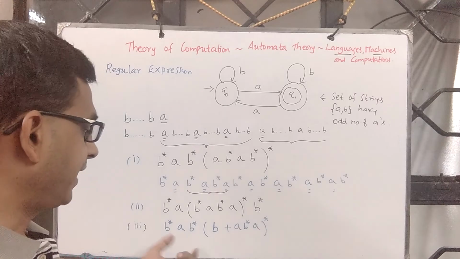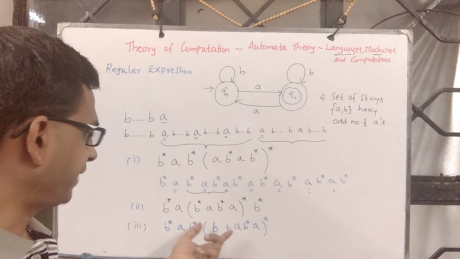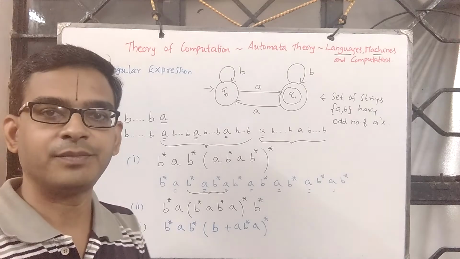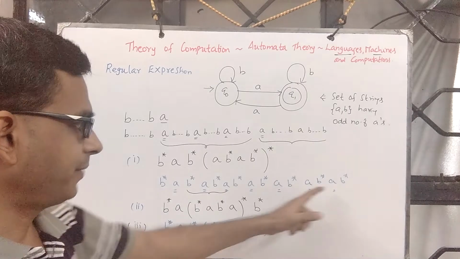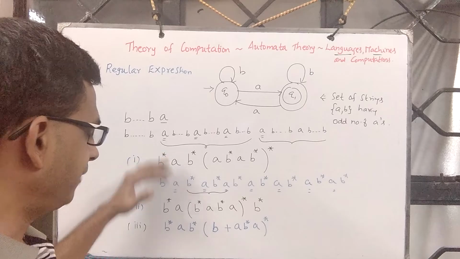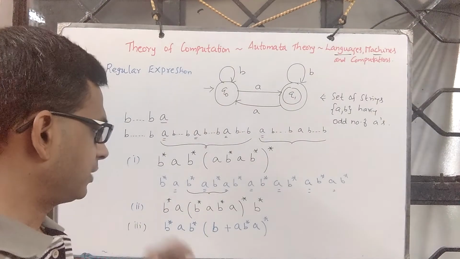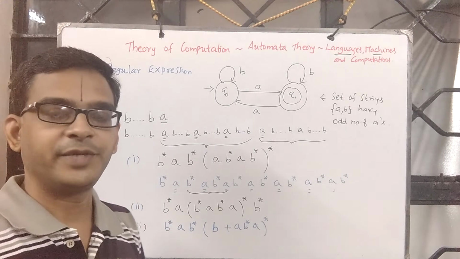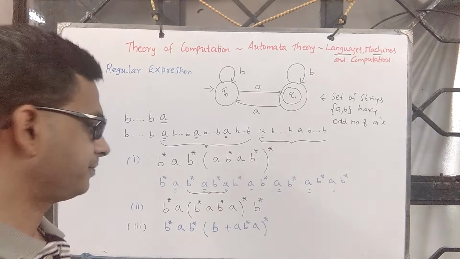So often writing regular expressions is a little tricky, because one can fine tune this pattern and come up with multiple expressions for the same language. So once you identify a pattern, one can start discovering many different ways of writing the same sequence. So one has to spend time practicing questions of this type, which will be of use when you appear for GATE and competitive exams conducted by DRDO, ISRO and so on.